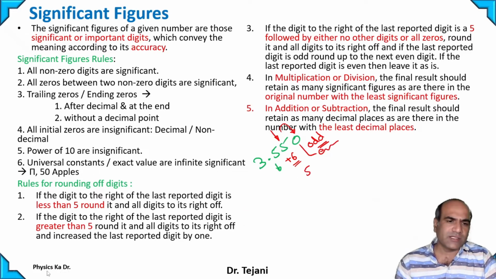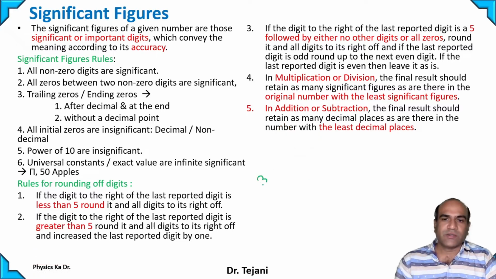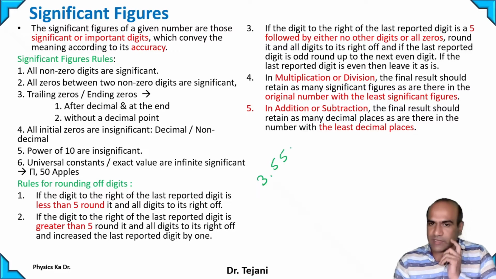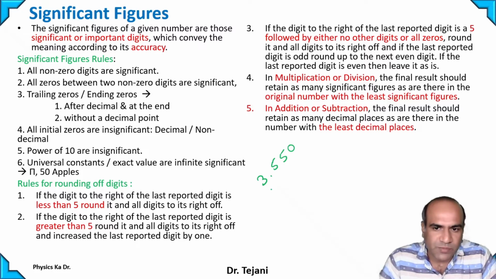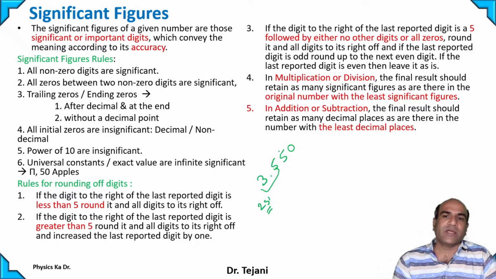Let's have one more example. 3.55, something like that, and after that it is 0. Suppose we need to convert this into two significant digits. So here it is 5.